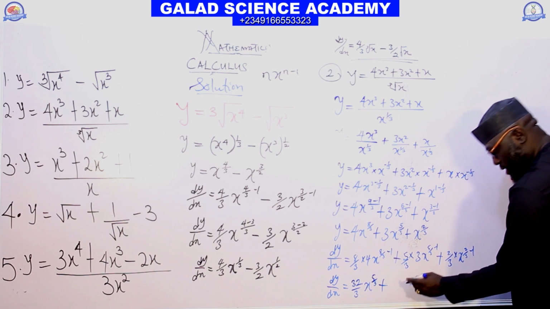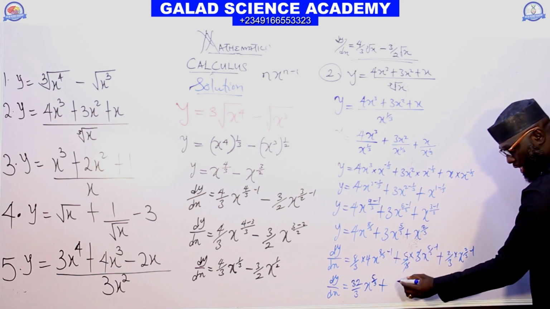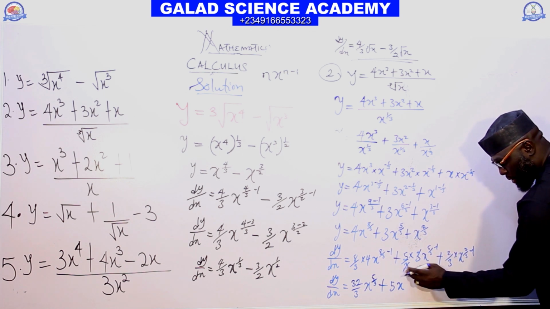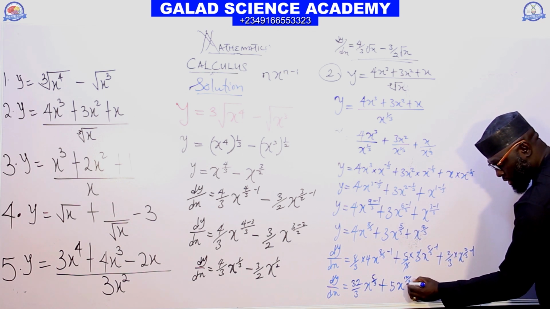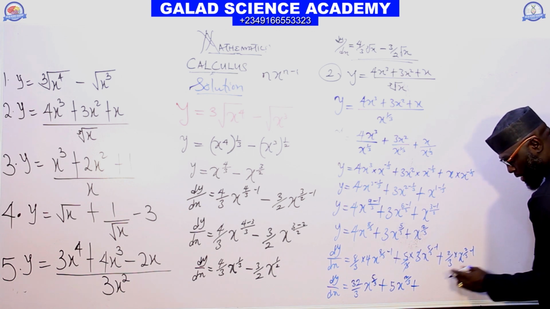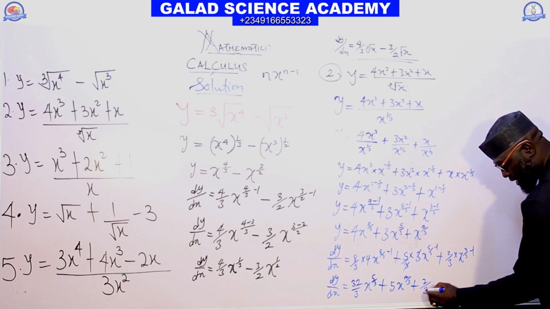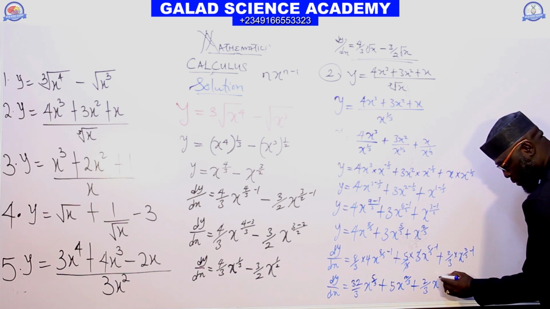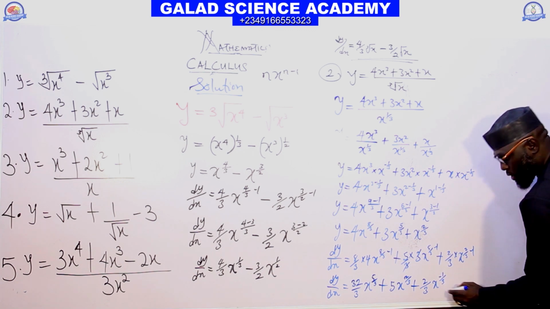And plus, we carry the 3 here. We have 5x, 3 minus 5, 2 over 3. Plus here we have 2 over 3 x, 3 minus 2, that will be minus 1 over 3.